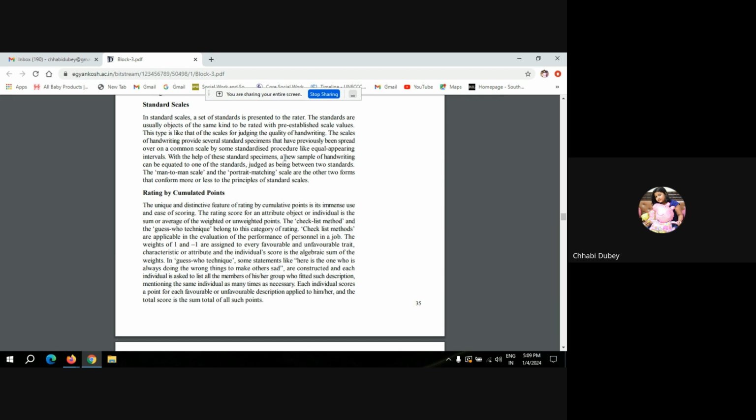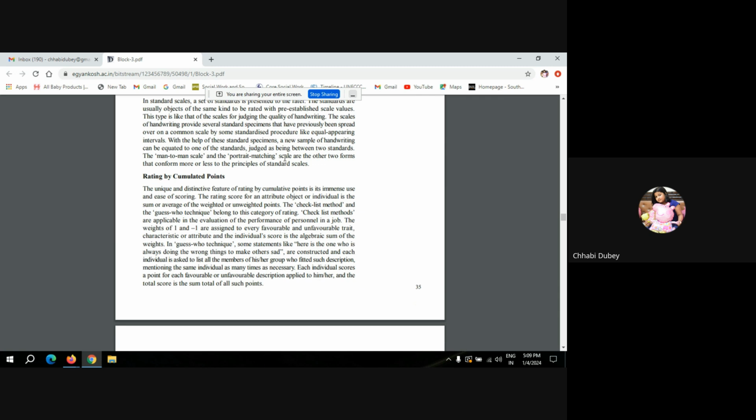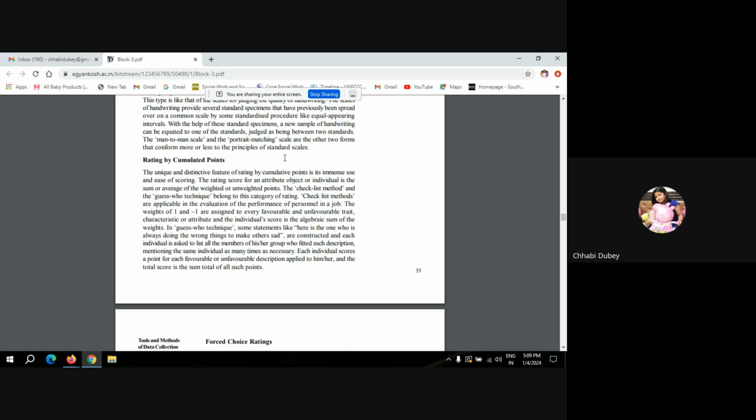The unique and distinctive feature of rating by cumulative points is its ease of scoring. The rating score for an attribute, object, or individual is a sum or average of the weighted or unweighted points. So this is one of the methods that we see here.